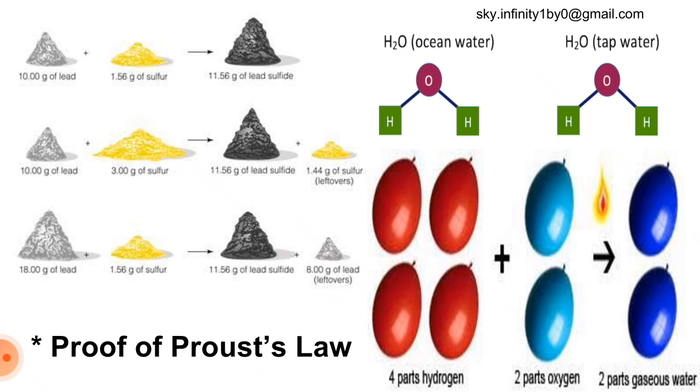If you take a sample of water from the ocean and from a spring, and extract the pure water, you will find that the molecule of water will always have 2 hydrogen atoms and 1 oxygen atom. There won't be more than 1 oxygen atom or more than 2 hydrogen atoms in a molecule of water, irrespective of its source, because it obeys Proust's law.